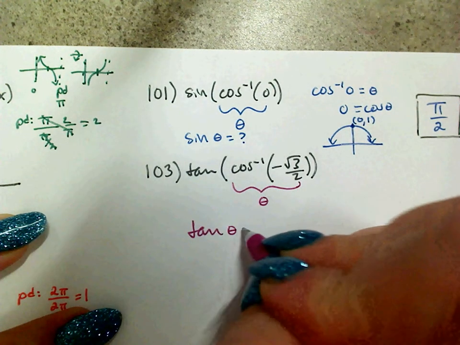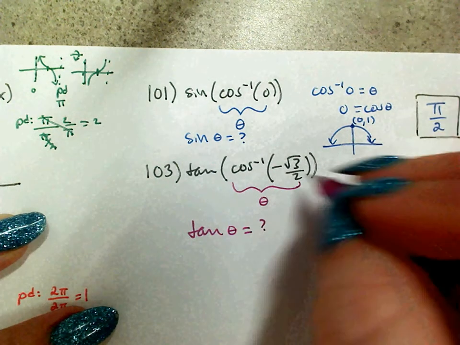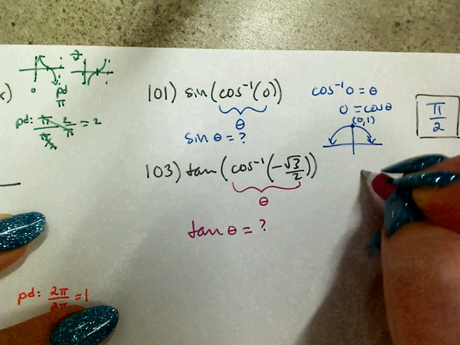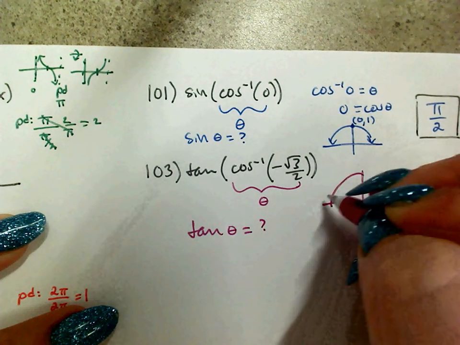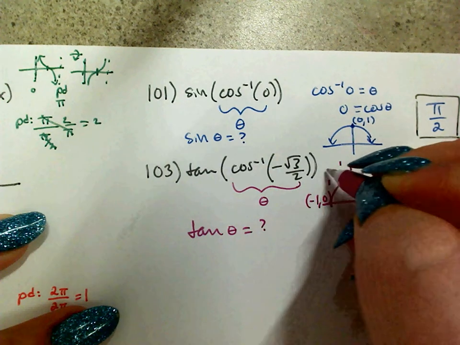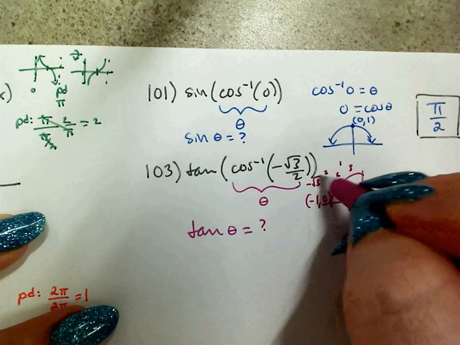Okay, so cosine inverse only exists again from 0 to pi. So as far as being negative, it's only in the second quadrant. So if this is the coordinate point negative 1, 0, then that's 1, 2, 3, 1, 2, 3. So where is cosine negative square root of 3 over 2? That is happening right here at 5 pi over 6.